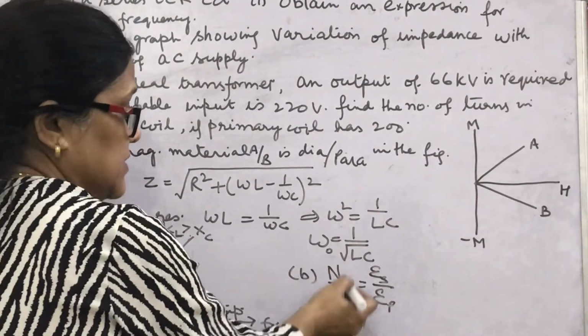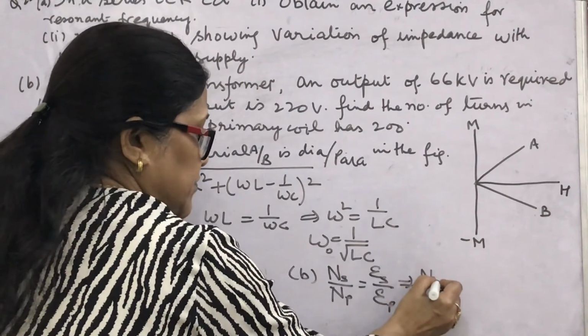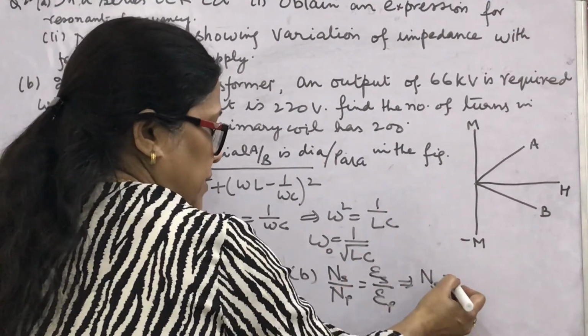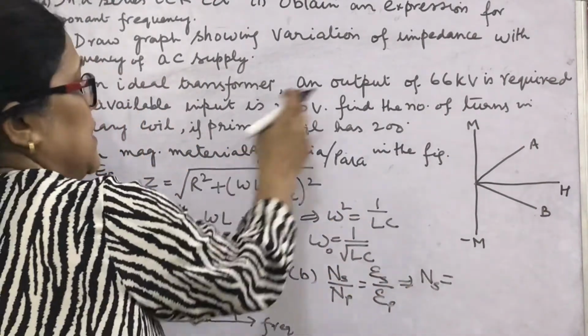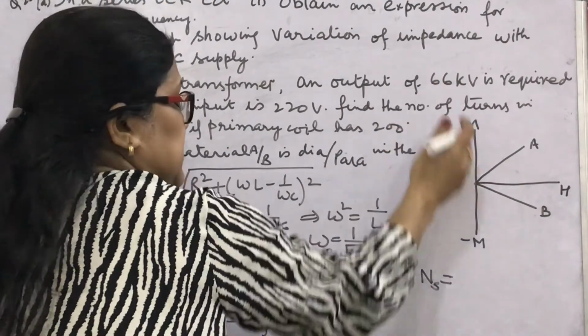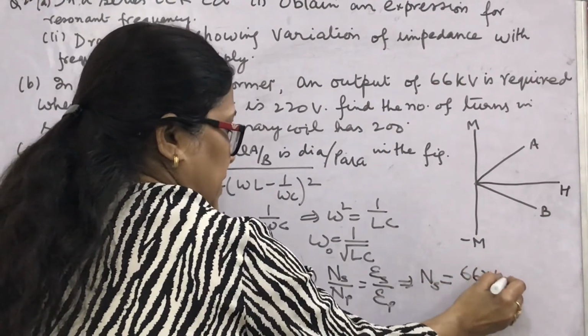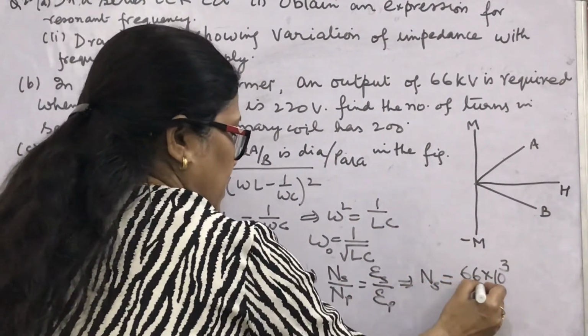NS you have to find, so NS will be equal to ES upon EP into NP. What is ES? Secondary voltage. This is output, that is 66 kV. So you write 66 into 10 to the power 3, upon EP.